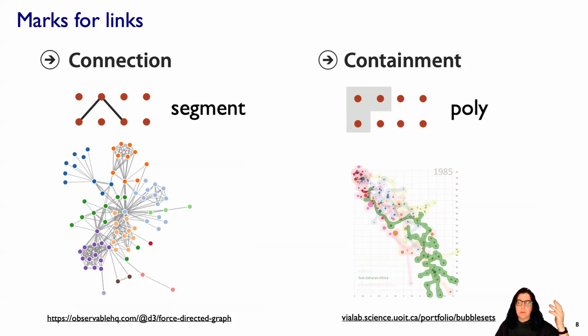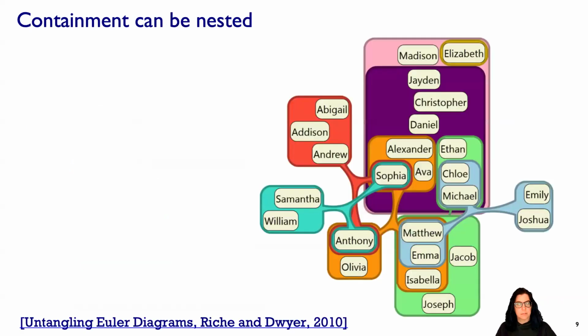So in addition to those marks as items, we can also have marks as links, either as segments that connect or as polys that contain. Just for the record, containment can be nested. It doesn't just have to be a single level. Here we have a fairly complex, what's called an Euler diagram, where there's actually these multiple levels of containment. So we're showing a multi-level hierarchical structure with containment here.